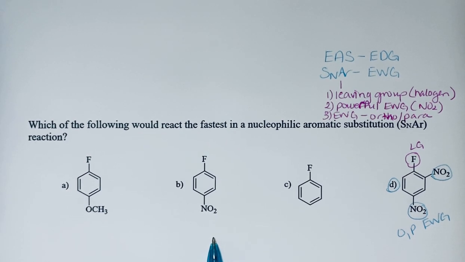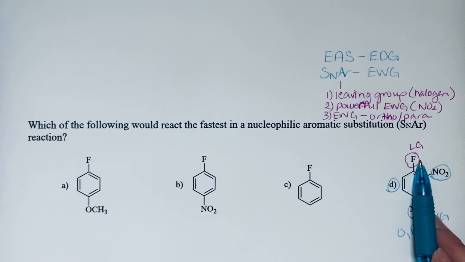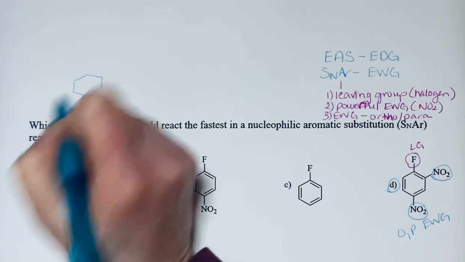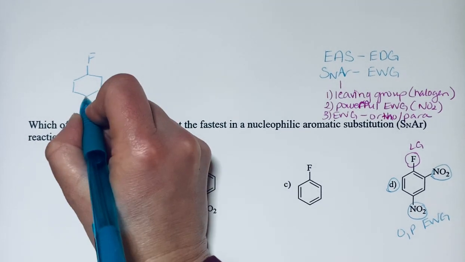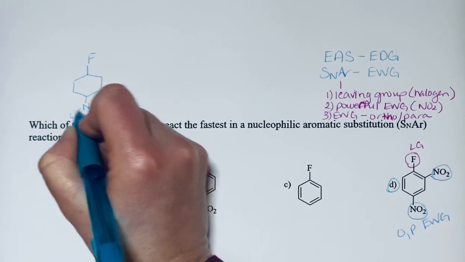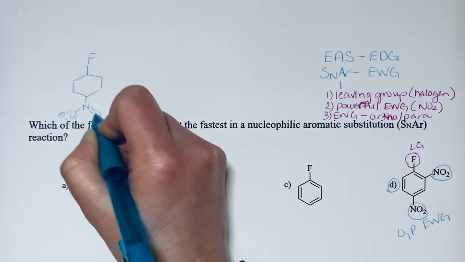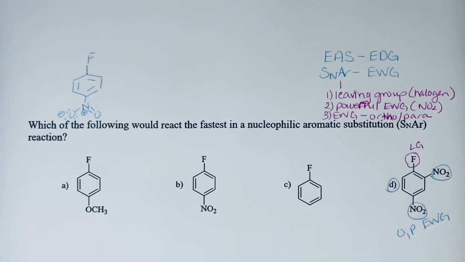In terms of what we can substitute for our leaving group, it just has to be a nucleophile that is a stronger base than the leaving group. So let's just pick an example. I'm not saying this is the fastest. It just is going to simplify my drawing here because I only have to draw one nitro group getting involved.